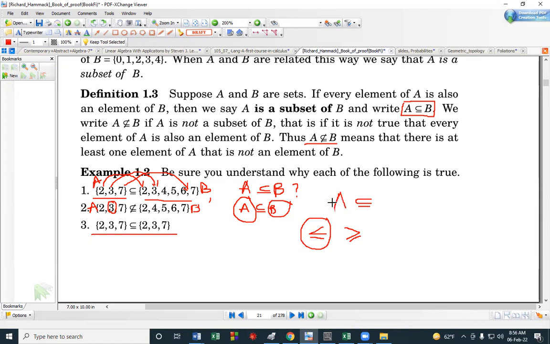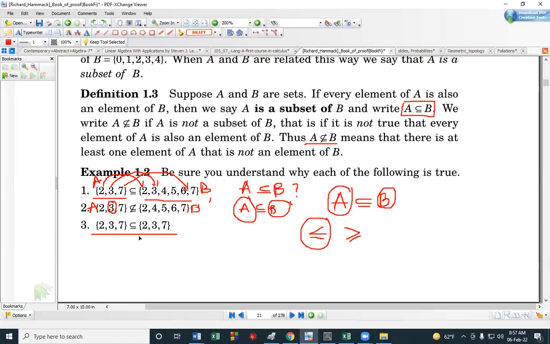So A a subset of B means one of two things, one or the other: A is properly contained in B, or A contains itself, that means it could be the case that A and B are the same set.